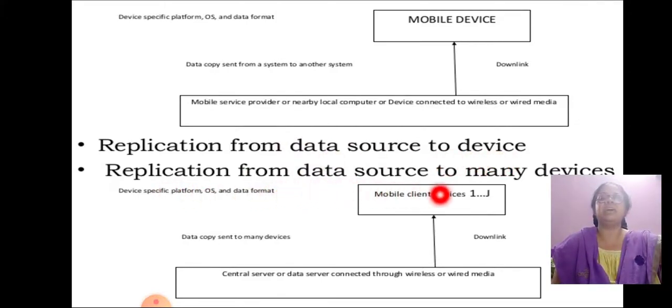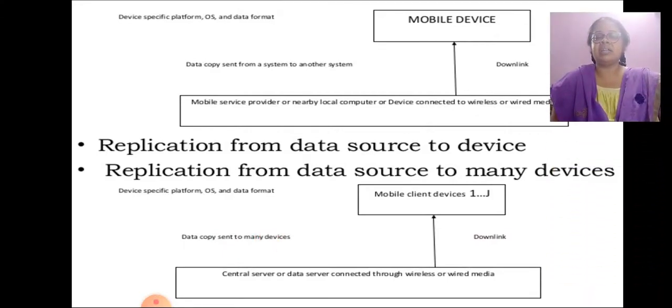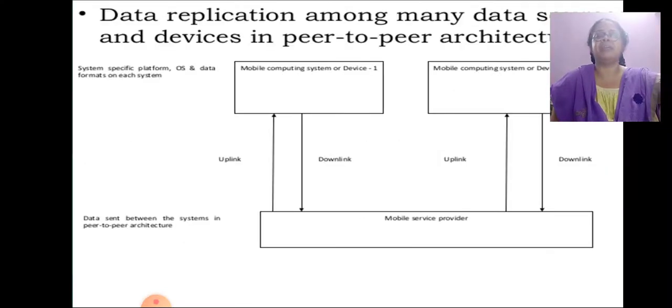Replication from data source to many devices. Mobile client devices, device specific platform, OS and data format. Data copy sent to many devices. Downlink, central server or data server connected through wireless or wired media.